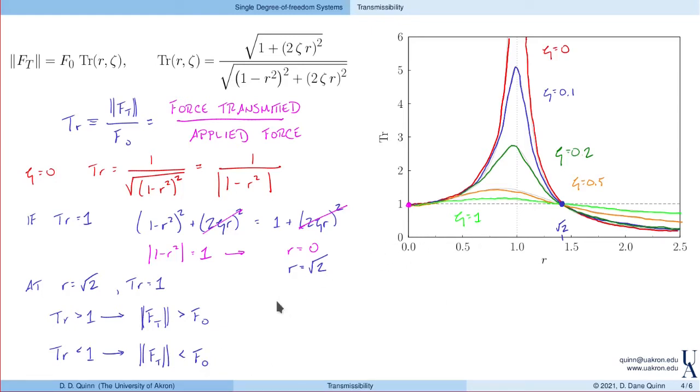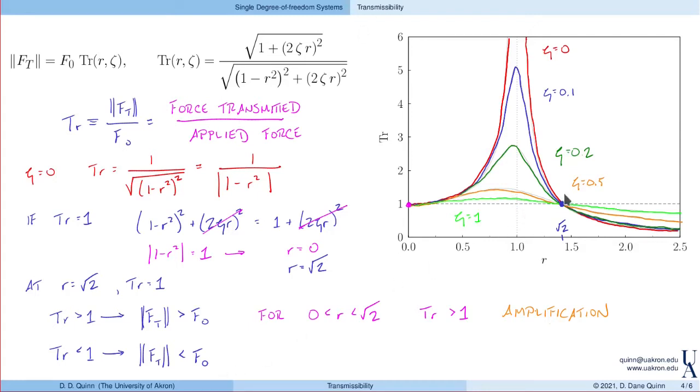So, looking at these results, we find that for r between 0 and the square root of 2, TR is greater than 1. So this corresponds to amplification, so that the force transmitted to the ground is actually larger than the force that's applied to the structure in the first place.